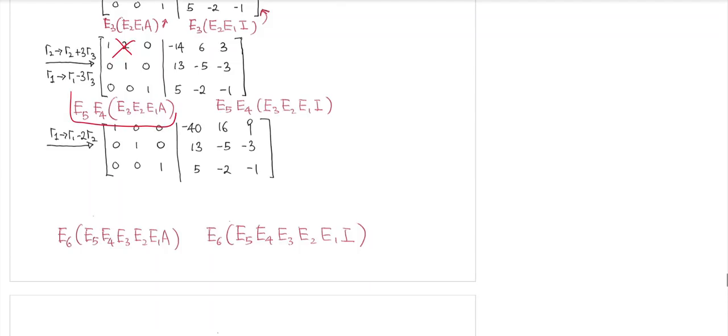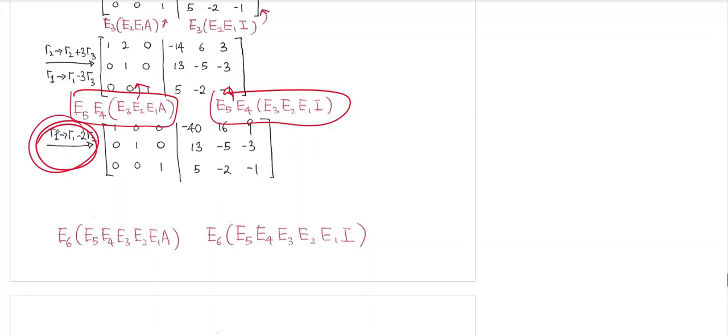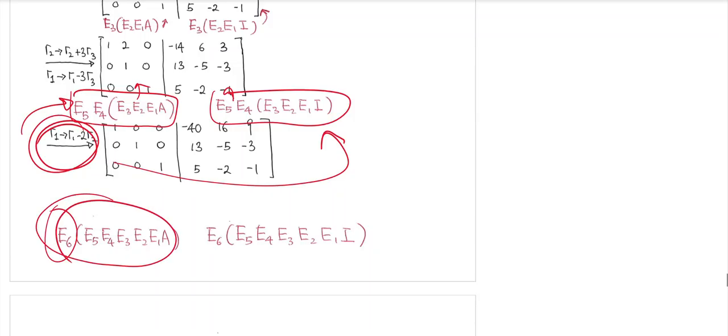So you take this matrix and do one row operation on it, and we call the elementary matrix associated with that row operation E6. So E6 E5 E4 E3 E2 E1 A is this, and E6 E5 E4 E3 E2 E1 I is this.